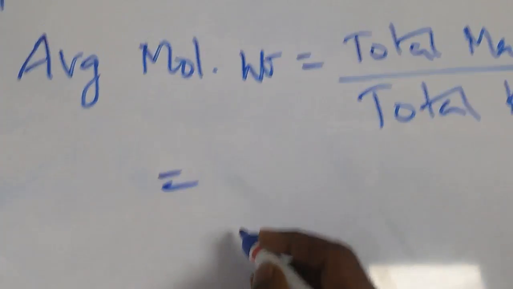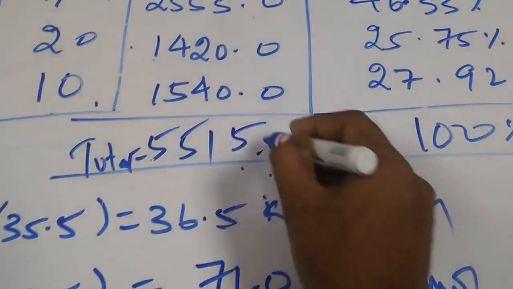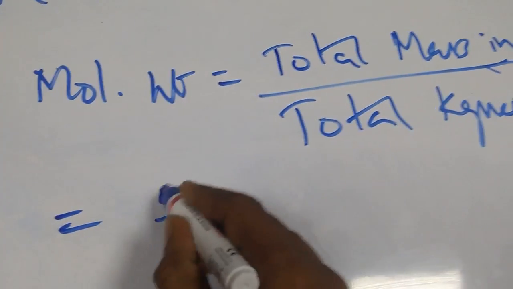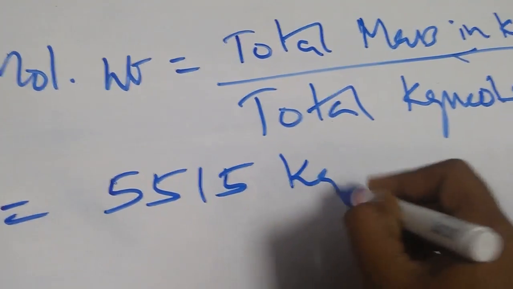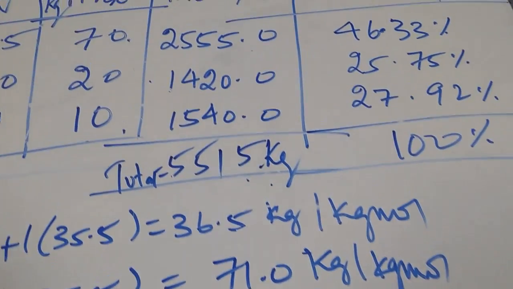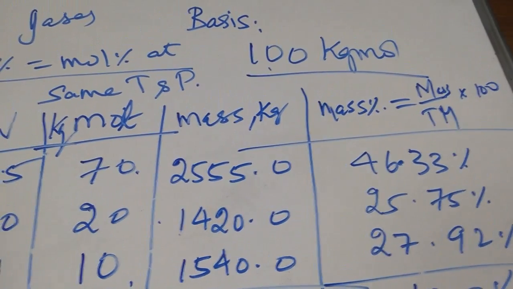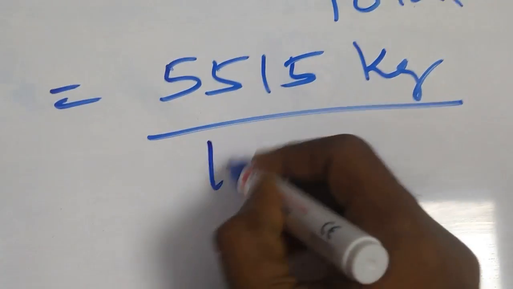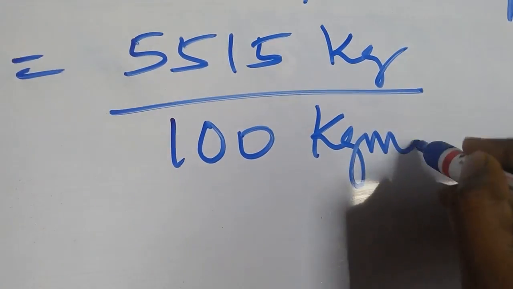How much is it? We have total mass as 5515 kg, right? So that is 5515 kg divided by our basis, which is 100 kg moles.